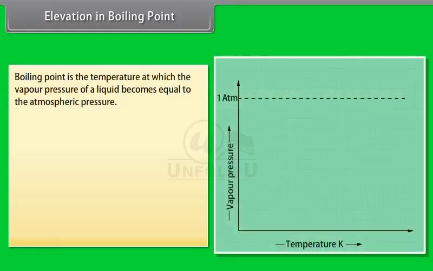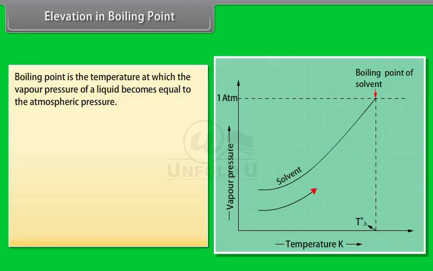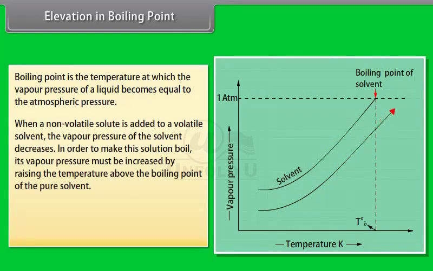Elevation in boiling point. Boiling point is the temperature at which the vapor pressure of a liquid becomes equal to the atmospheric pressure. When a non-volatile solute is added to a volatile solvent, the vapor pressure of the solvent decreases.